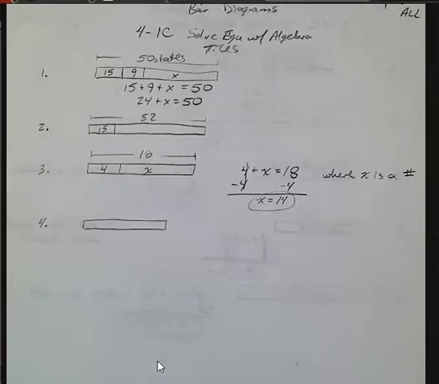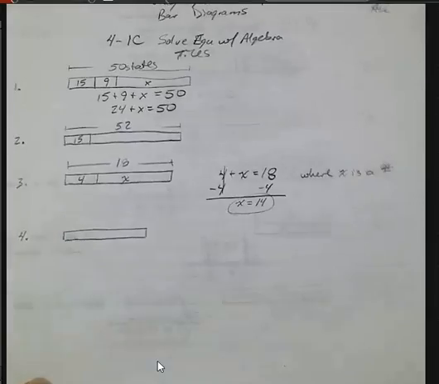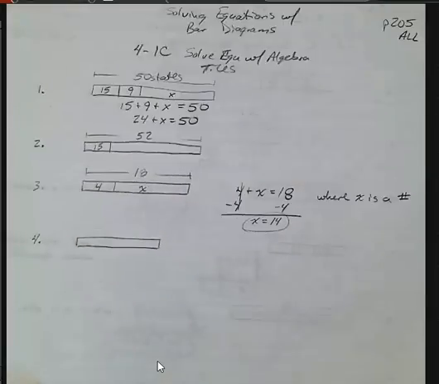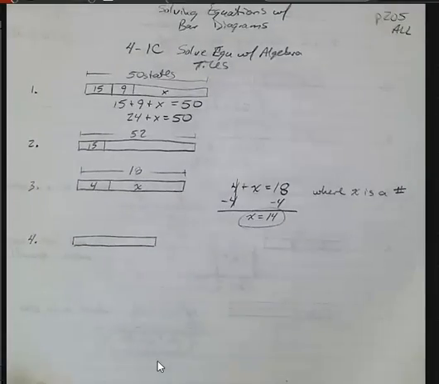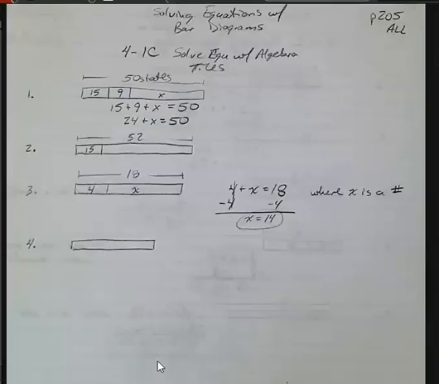How do you know that? Because it says what? 2 more means what operation? Addition. That means addition. What tells you that 4 is the total? What word? Is 4. Is or was tells you that.